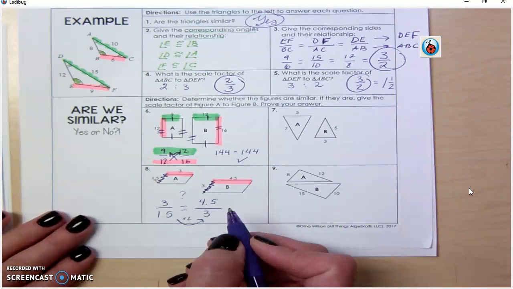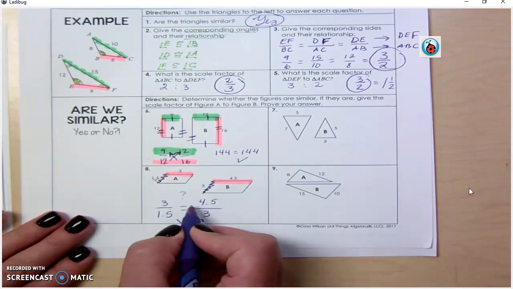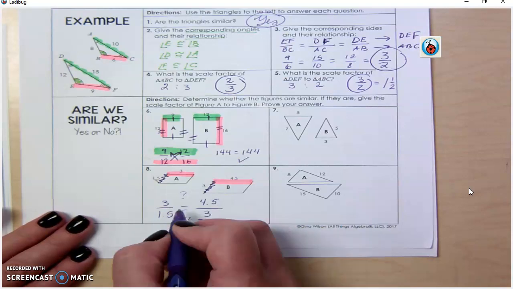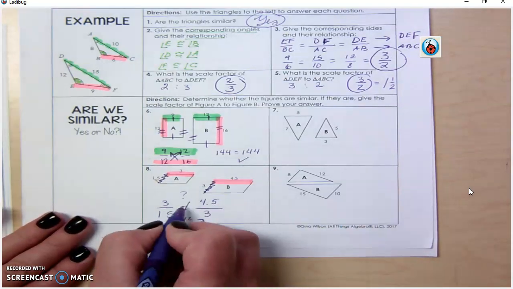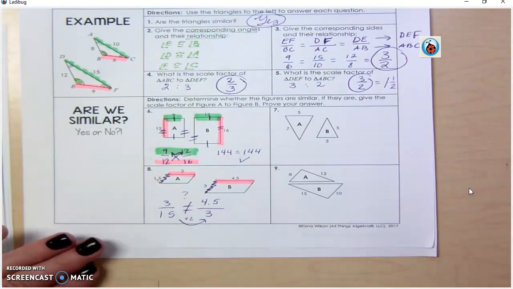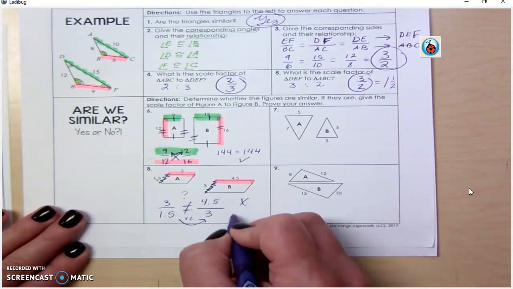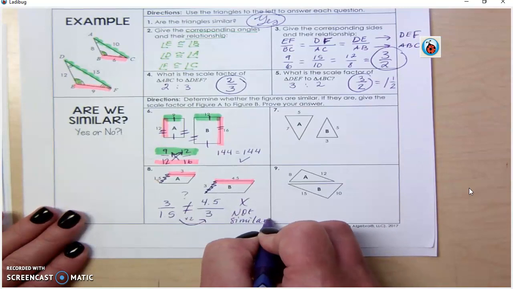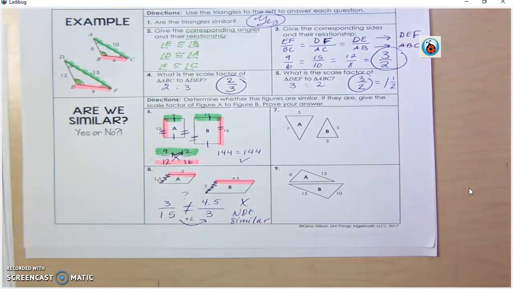However, from here you are seeing, well, that does not work for my numerator value. So that tells you that this is not a proportional relationship. So you would say these are not similar shapes. They might look similar. They both are same type of shape, but they're not similar shape according to our characteristics.